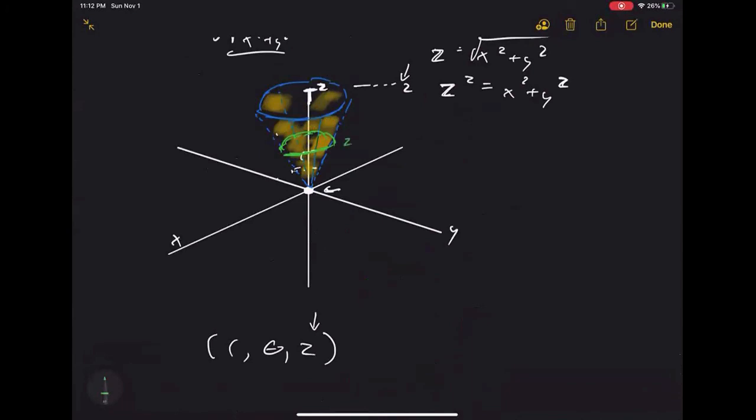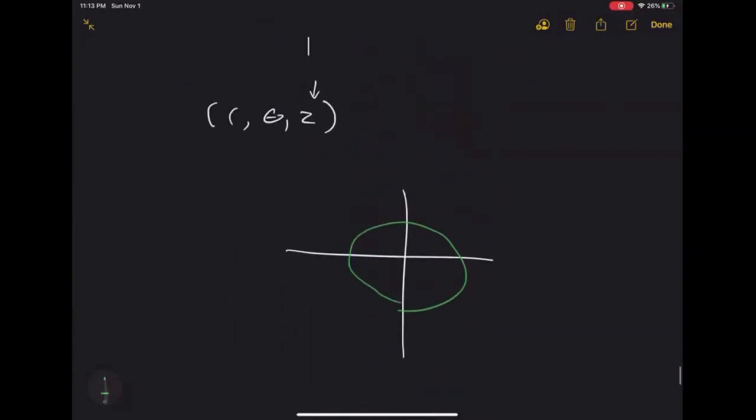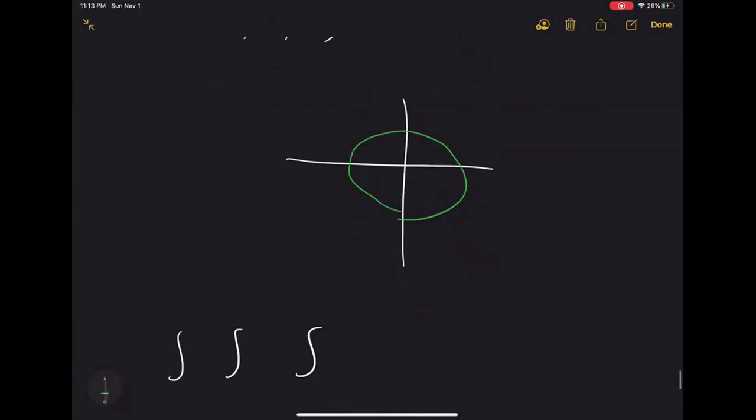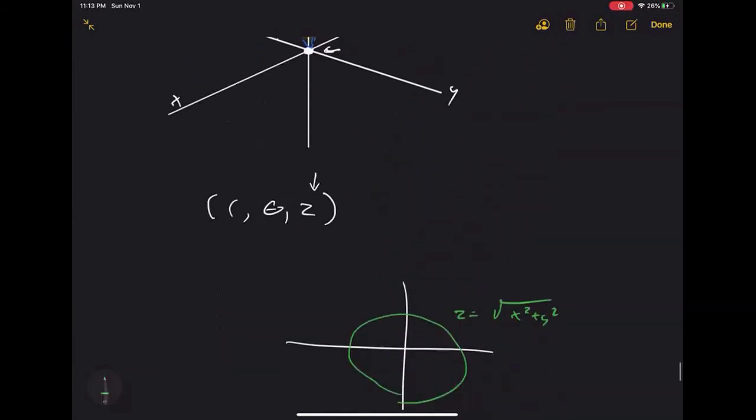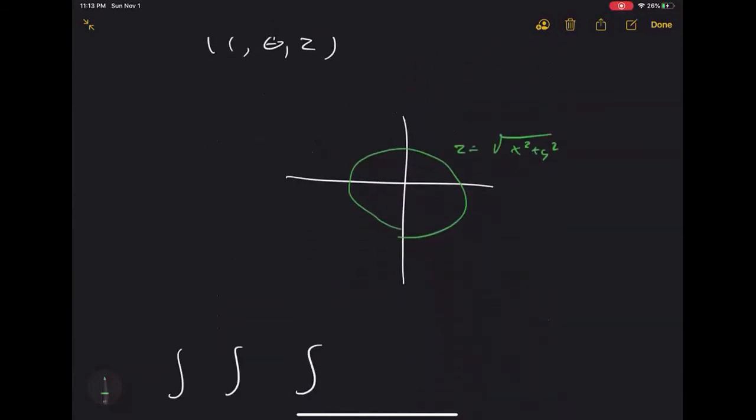So at this z point, the outer edge of the circle is given by z equals the square root of x squared plus y squared. And when I'm looking at these cross sections, I'm treating this z like a constant.